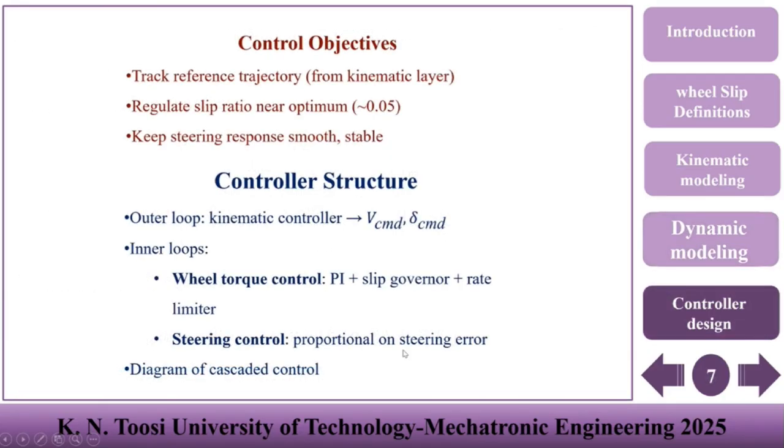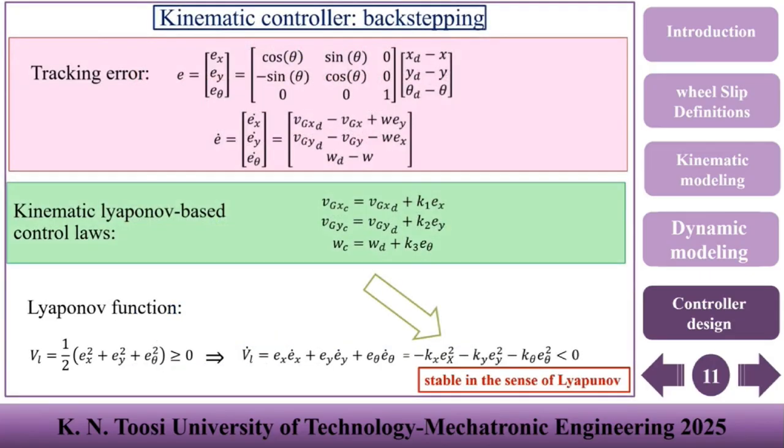So let's go to design a simple nonlinear controller for this model. The kinematic controller, which is the outer layer, uses the position errors and the desired robot center of mass velocities.